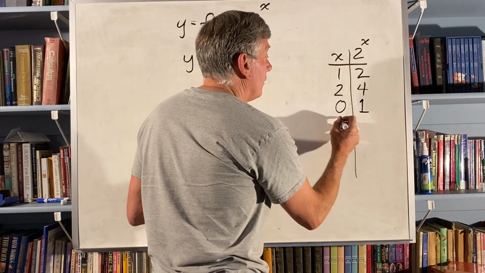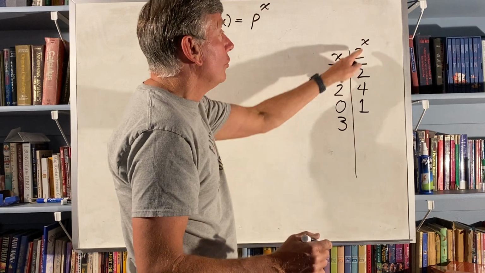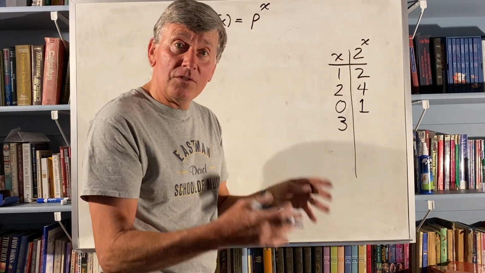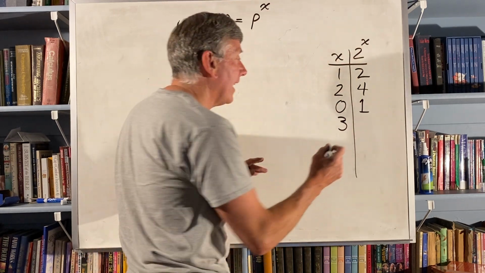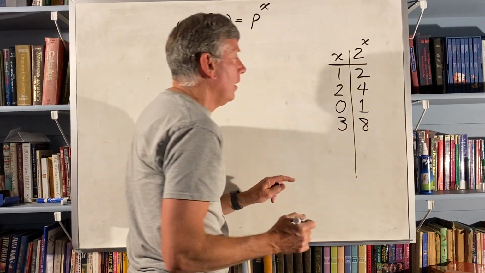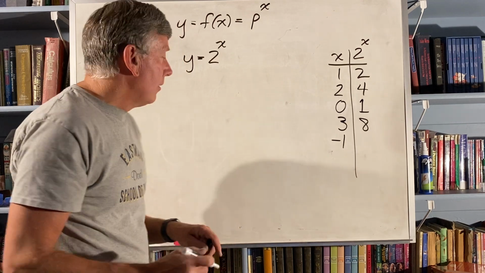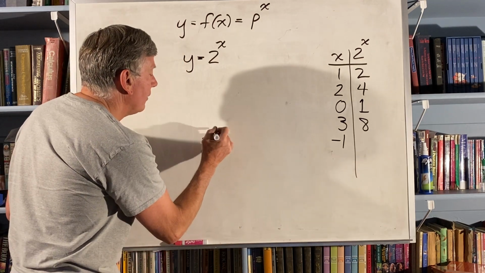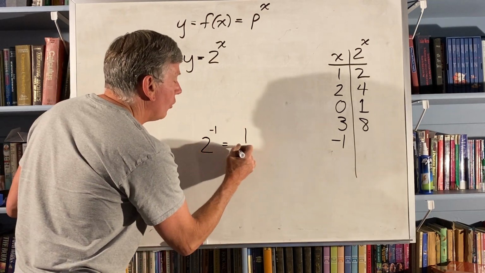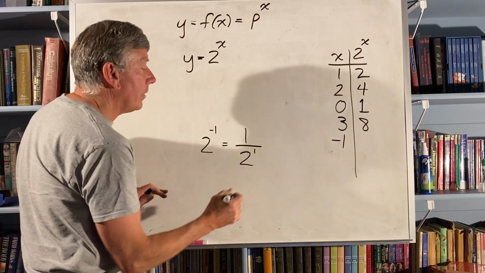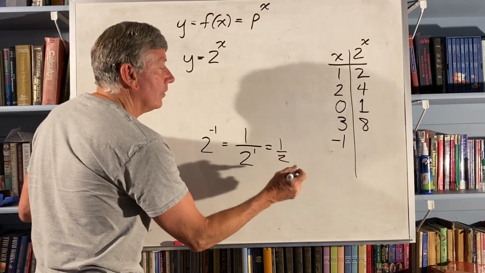When x is 3, 2 to the third power is 2 times 2, which is 4, times 2 is 8. When x is minus 1, 2 to the minus 1 power is equal to 1 over 2 to the first power, which is 1/2.